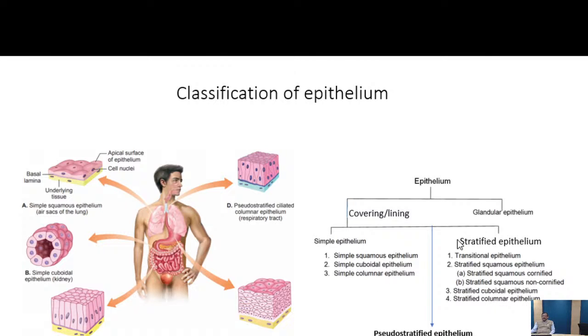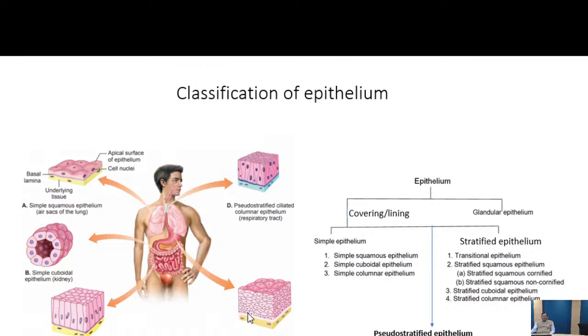Now, when we look at the stratified epithelium, I have already told you before that stratified epithelium is composed of more than one layer of cells. So there will be the stratified squamous epithelium, where multiple layers of cells are present.